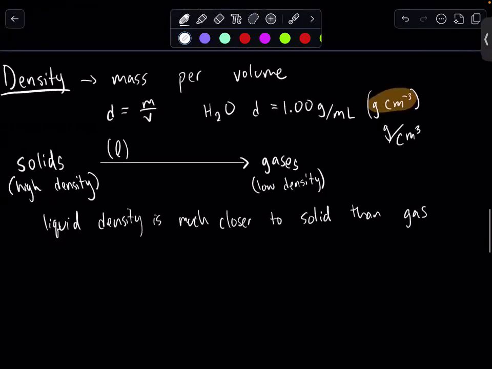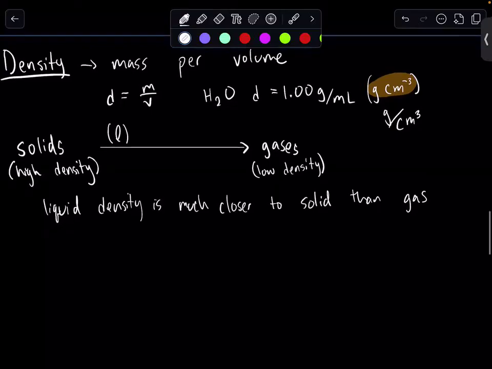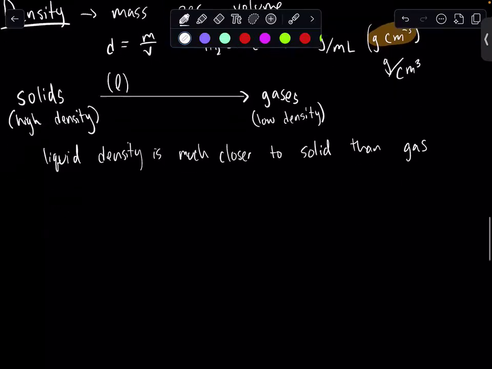What I mean to say is gases usually have about 1,000 times, even more than that, less density than liquids or solids.